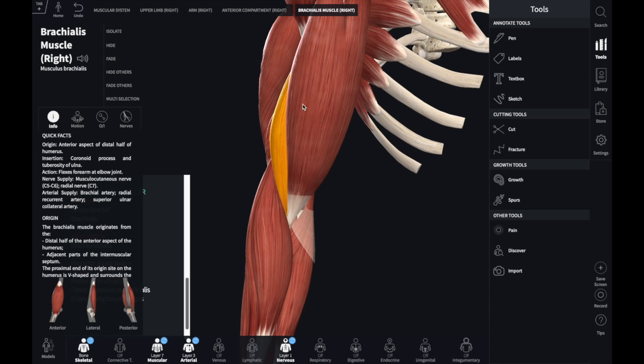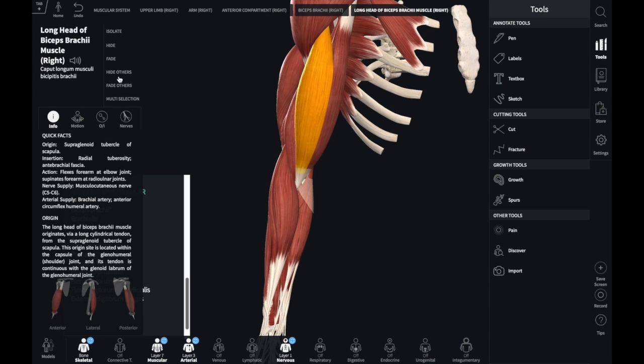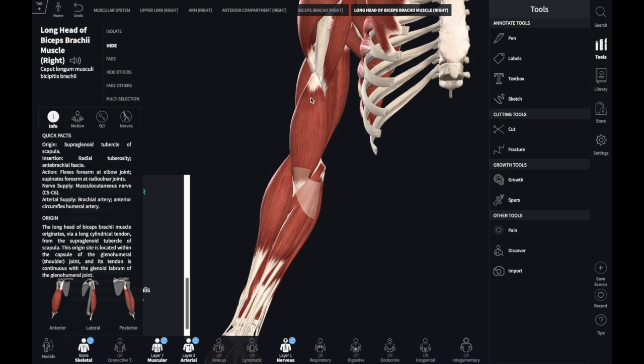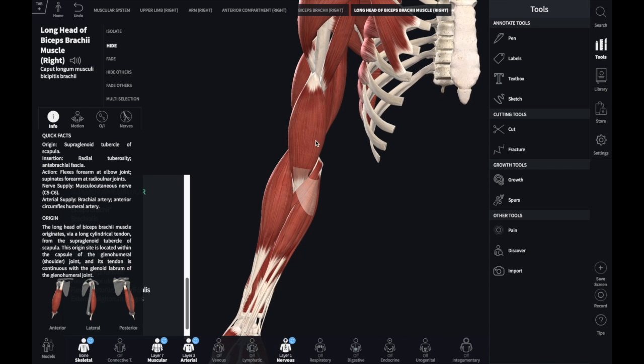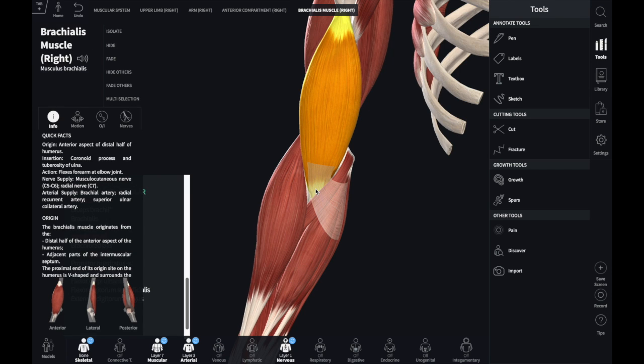This is just deep to your biceps brachii. So if I remove this, you can see the brachialis. And its origin is just below the deltoid, so the deltoid tuberosity there. And its insertion will be at the coronoid process of your ulna.